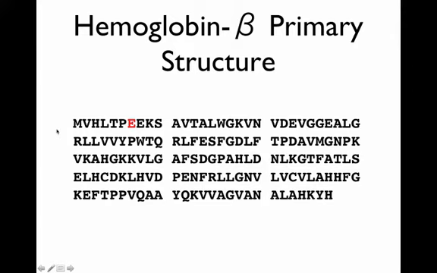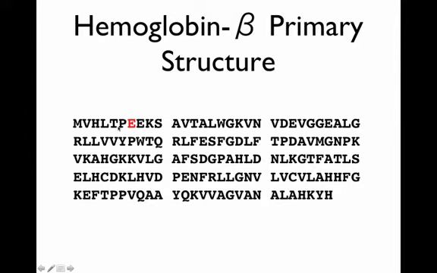Well, they do it because it's really easy to point out where changes take place in the chain. You can see here highlighted in red, this is the glutamic acid amino acid that changes when people have sickle cell disease. A lot of times, if I showed you the 3-dimensional shape of this particular protein molecule, it might just be confusing when all I really want to do is point out to you that this is the amino acid that changes in people who have sickle cell disease, and this amino acid shows up 1, 2, 3, 4, 5, 6, 7 amino acids from the amino terminus of hemoglobin beta.